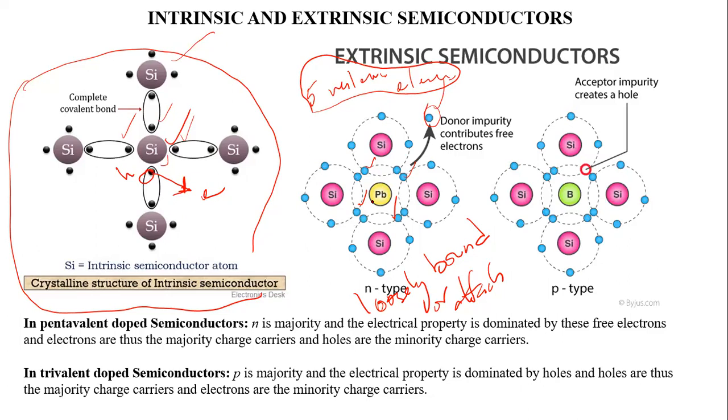So the number of free electrons created by doping depends on the number of foreign elements you inserted in the silicon crystal. By the way, this type of extrinsic semiconductor is called N-type semiconductor. Why do we call it N-type semiconductor?